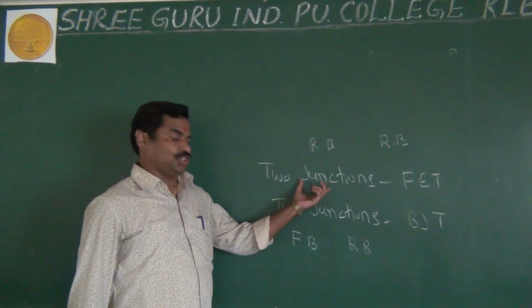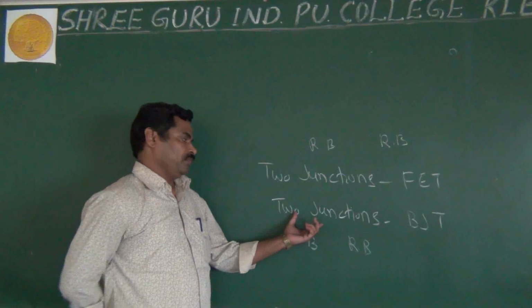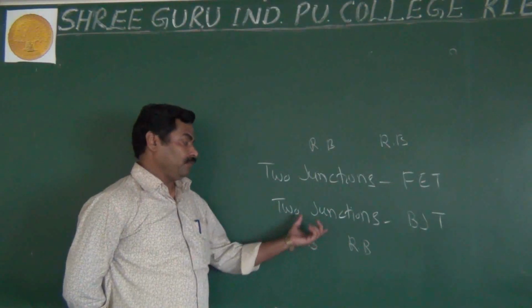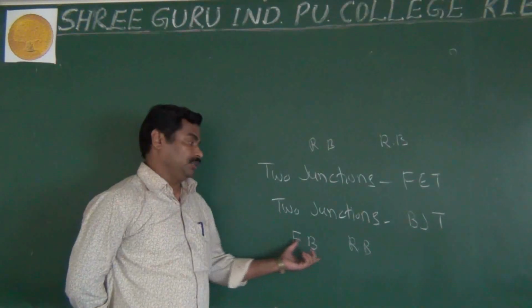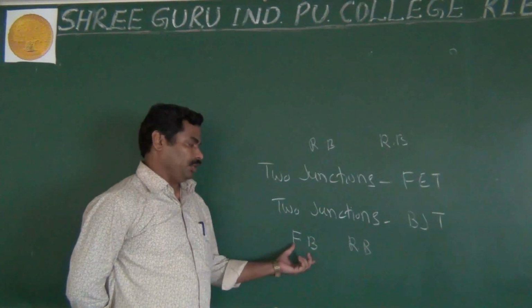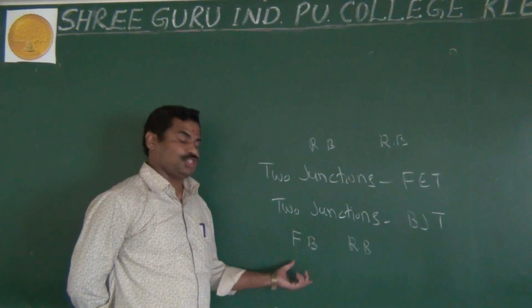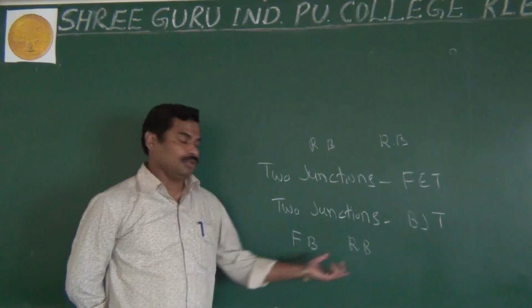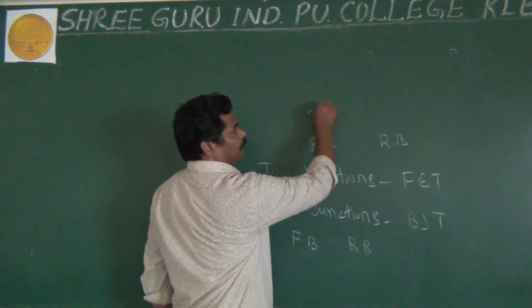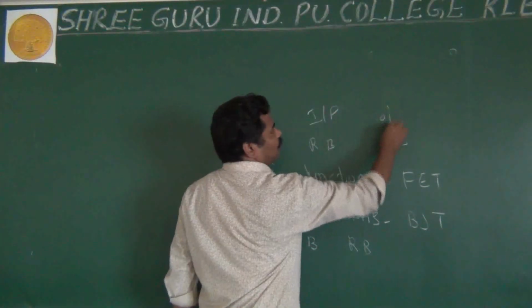Depending upon the application, you conduct the biasing. In a general transistor, the input is forward biased and the output is reverse biased, but in FET both are reverse biased.